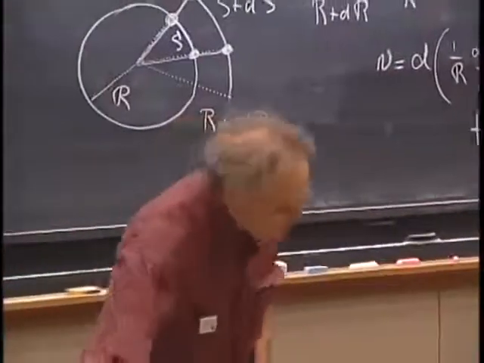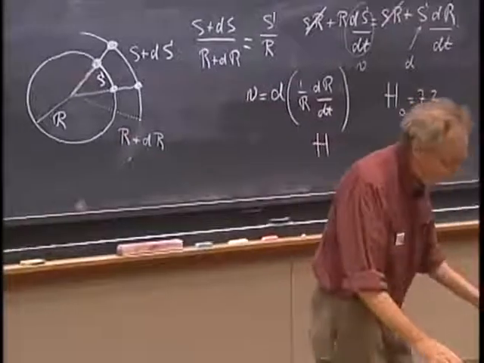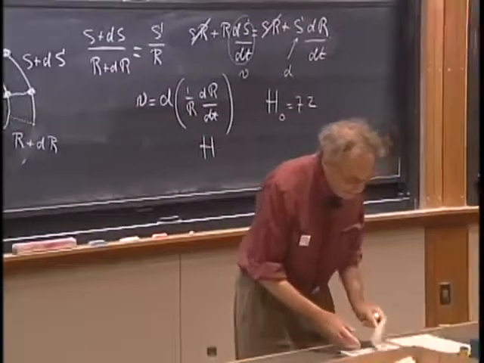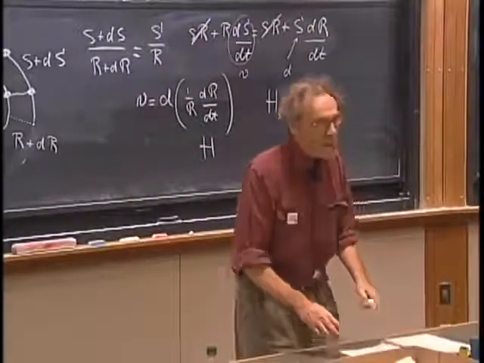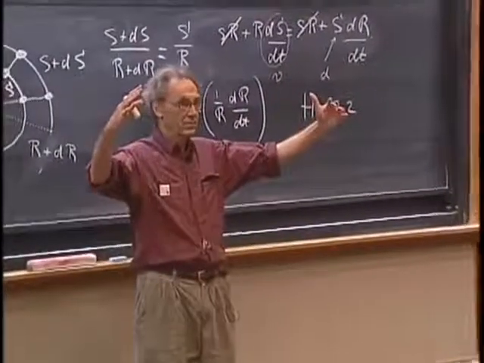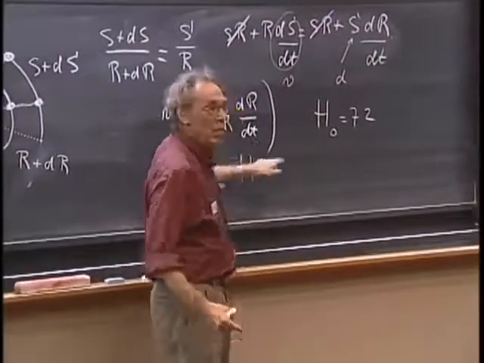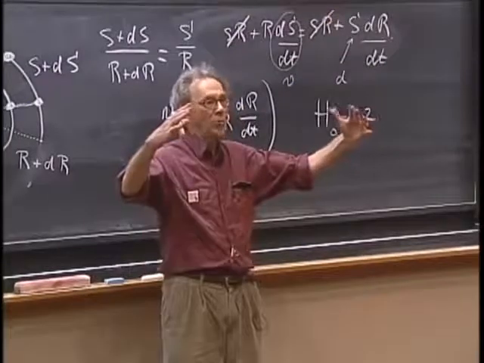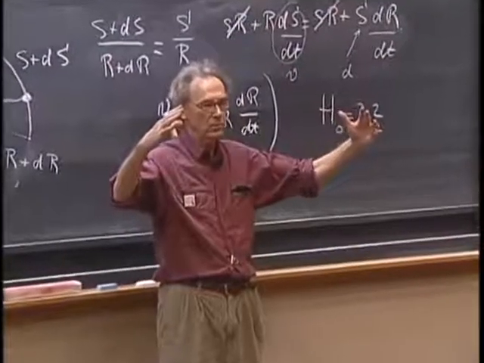Now, if the expansion rate of the balloon decreases in time, then there comes a time maybe that the balloon will come to a halt. That means when the RDT becomes 0, Hubble's constant will then be 0.